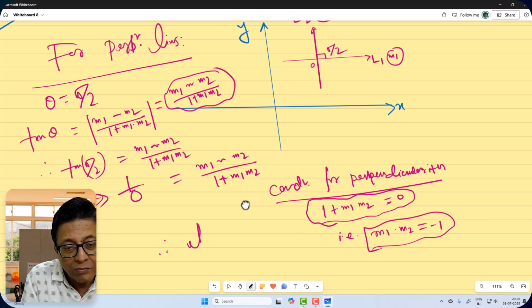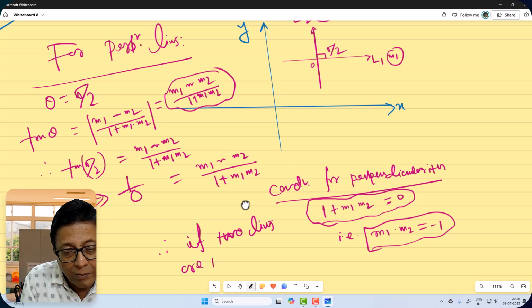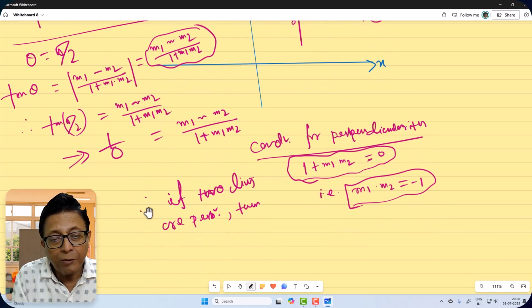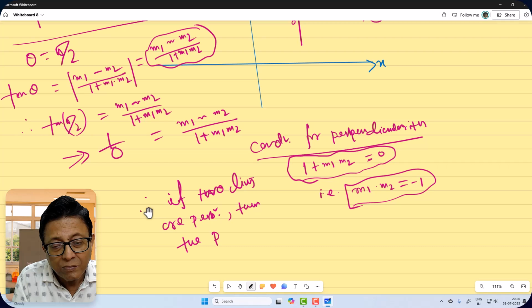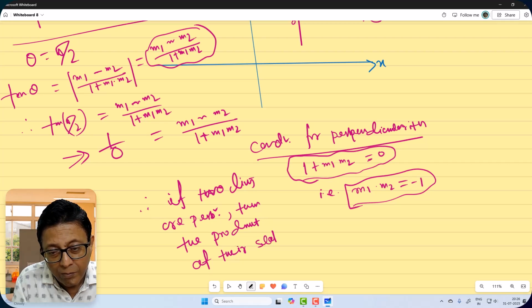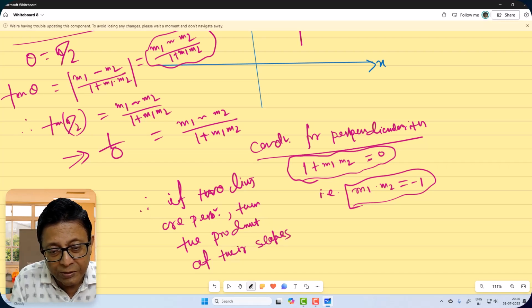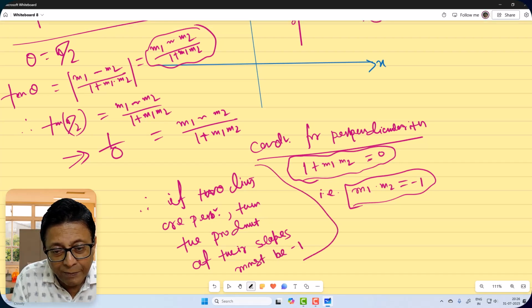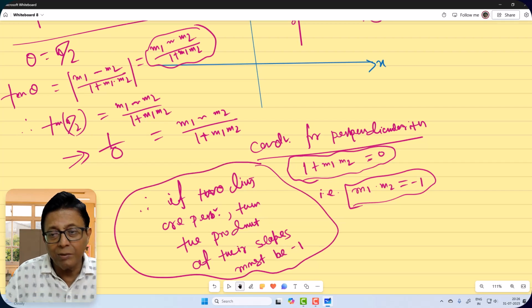Therefore, if two lines are perpendicular, then the product of their slopes must be minus 1. Should remember this.